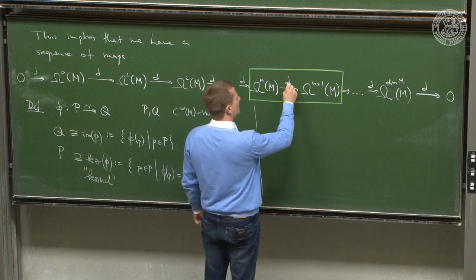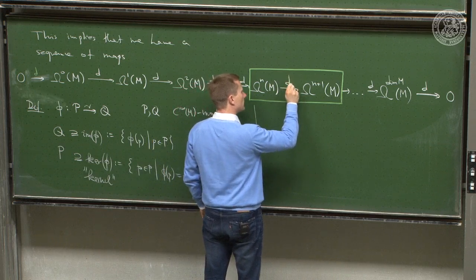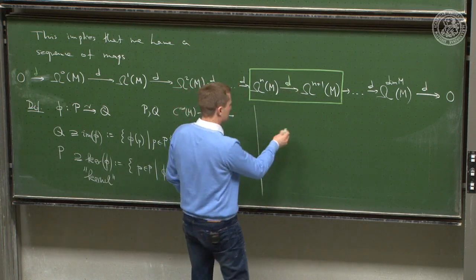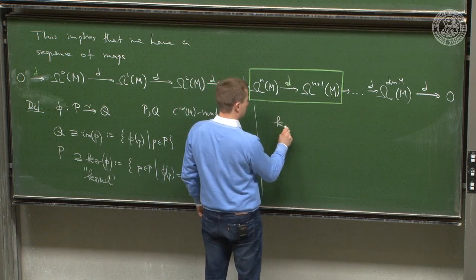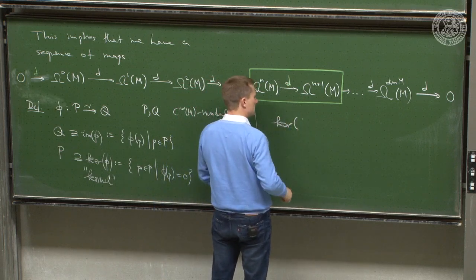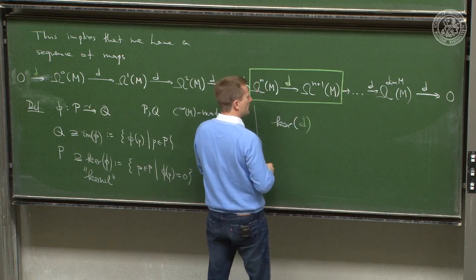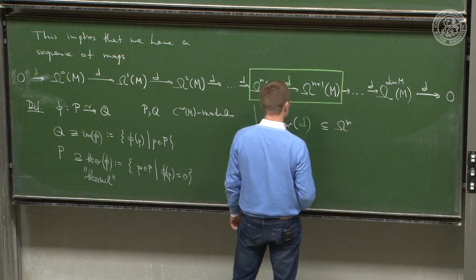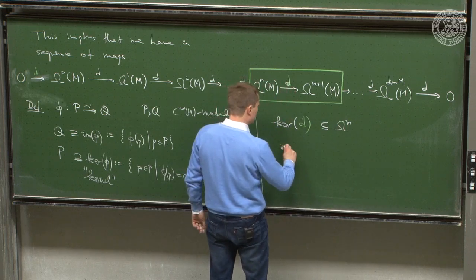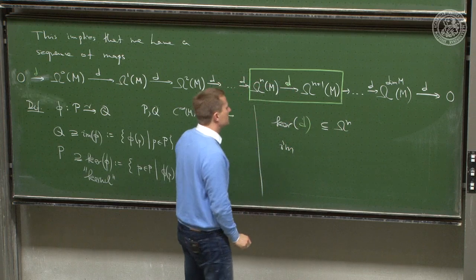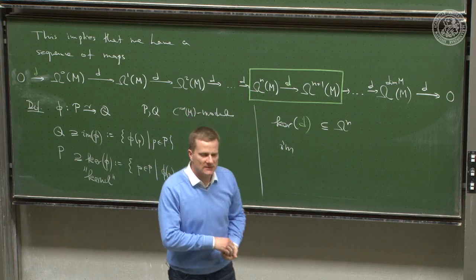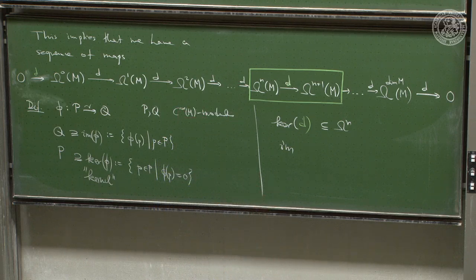So I could ask about this green D, what is its kernel and what is its image? Okay, so I can certainly look at the kernel of the green D, and that will be a subset of omega n. And I can look at the image, but now let me do something different. I look at the image of the D that was once before. So the red D here.